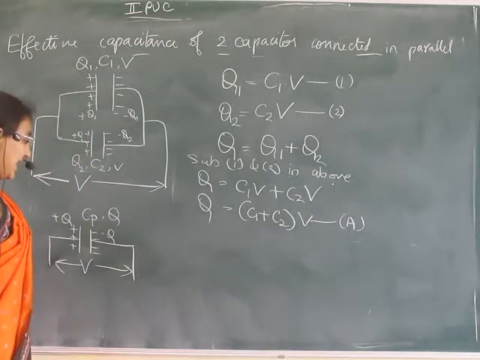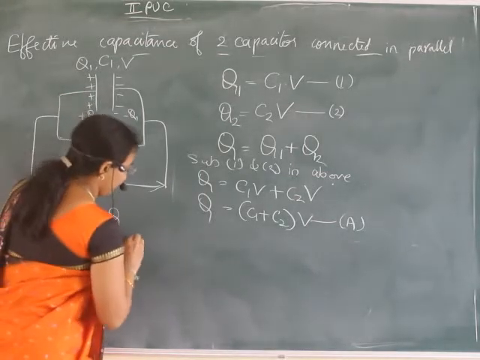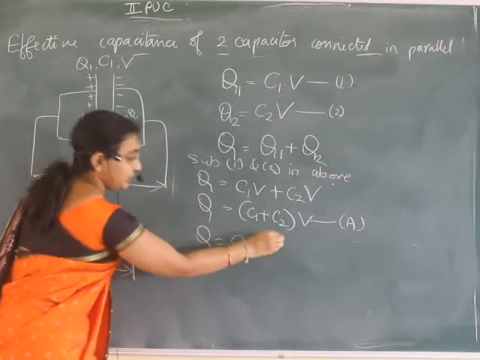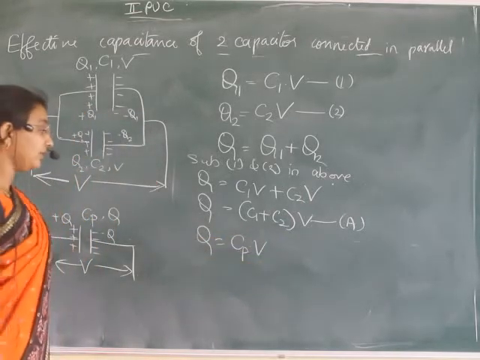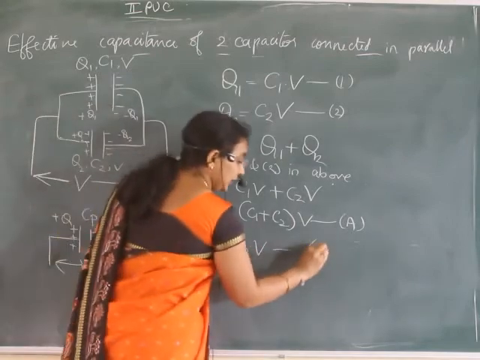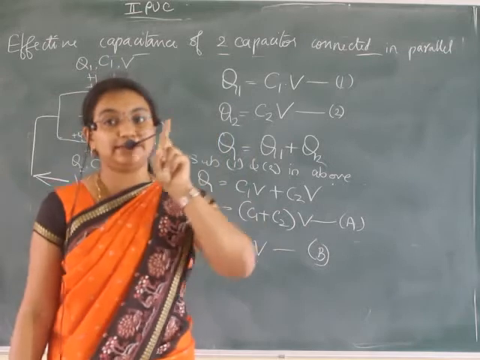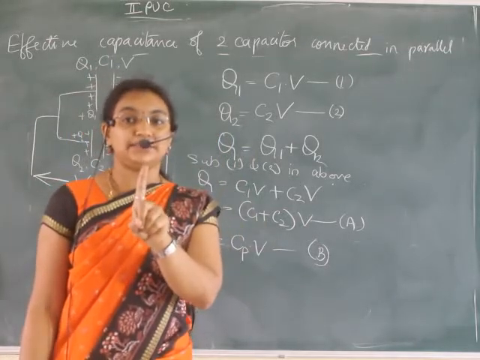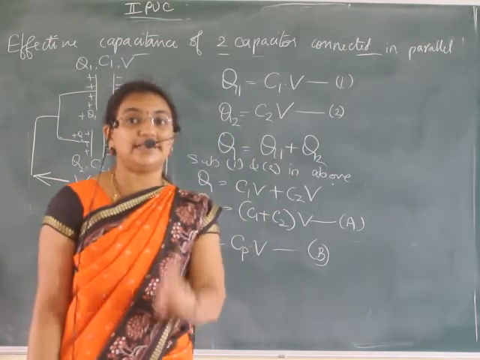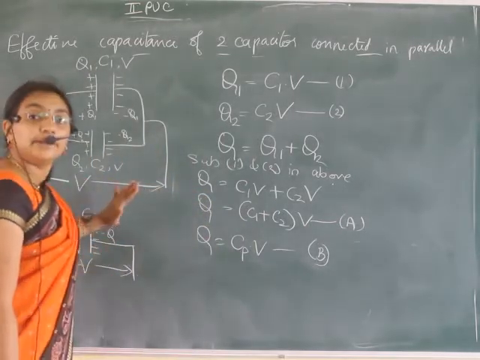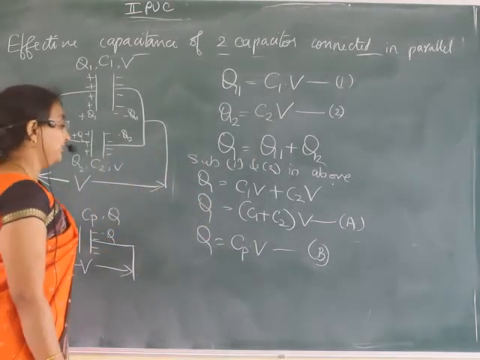Then Q is equal to CP into V. Let it be equation number B. That is, instead of two capacitors, we are placing only one capacitor of equivalent capacitance CP under the same potential difference V.